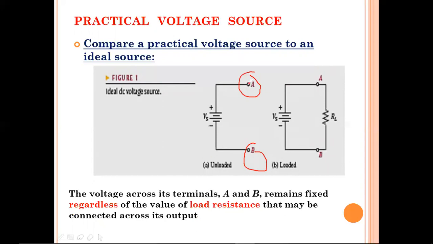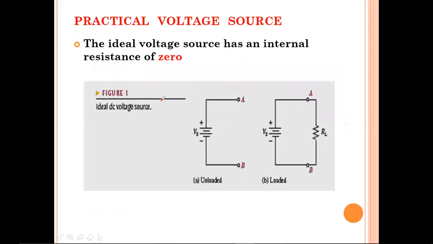How much resistance is connected doesn't matter for the ideal DC voltage source. For the ideal DC voltage source, the internal resistance Rs is equal to 0.